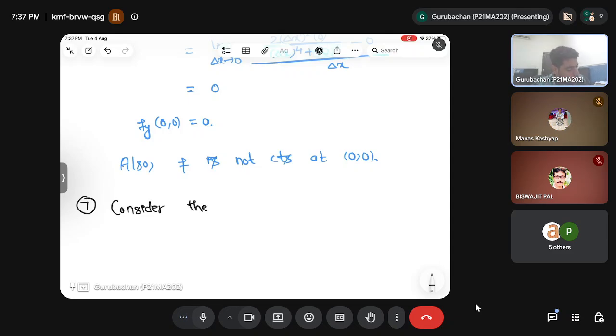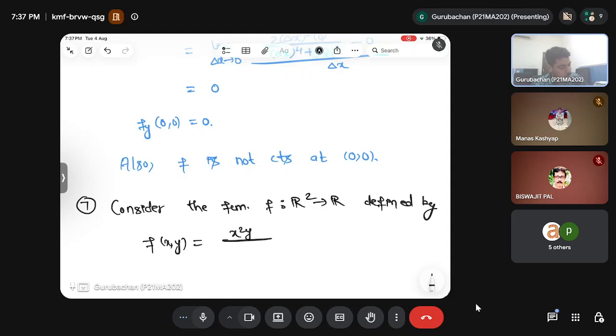Consider the function f from R square to R defined by f(x,y) equal to x square y divided by x plus y if x plus y is not equal to 0, and 0 if x plus y is equal to 0.